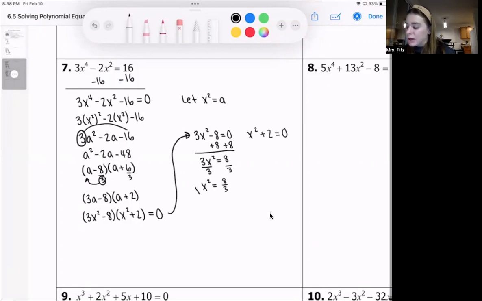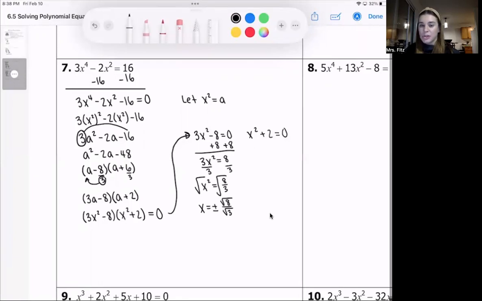From there, we're going to square root both sides. We get x equals plus or minus, don't forget about that when you square root both sides. Now, let's go ahead and clean this up just a little bit. You can take the square root of each, the numerator and the denominator. And then we can rationalize this, but also I'm noticing that root 8 does have a factor that's a perfect square.